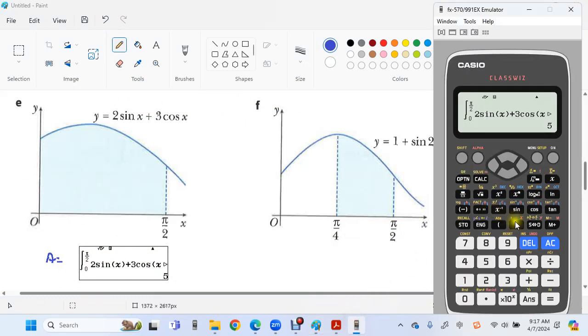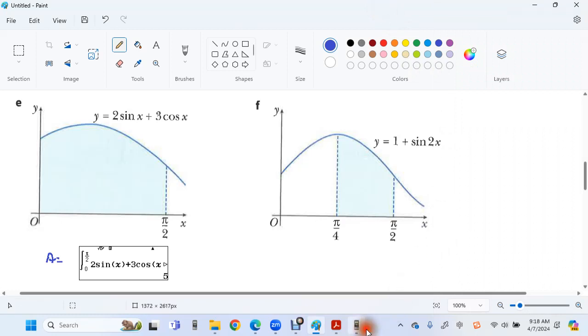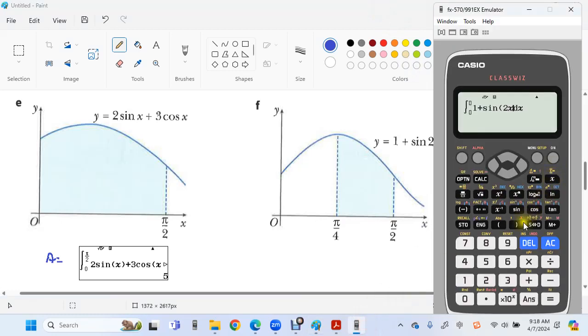So this is the integration of 1 plus sine 2x from pi over 4 until pi over 2.